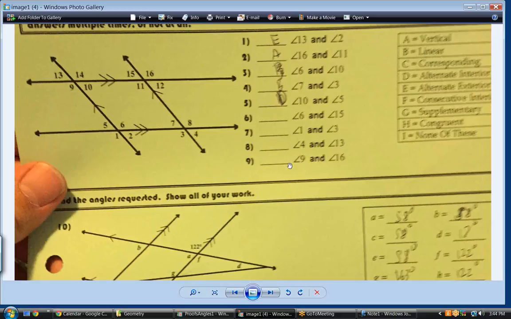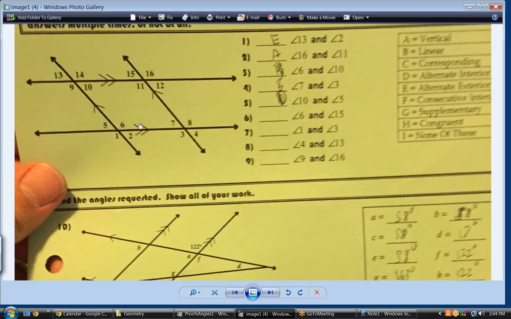And 9 and 16. Congruent? Well, yes, but more than that. In other words, with 9 and 16, you can use one of those special words. Because here's the two parallel lines, and there's the transversal. I don't require anything from this part of the picture. What are 9 and 16?